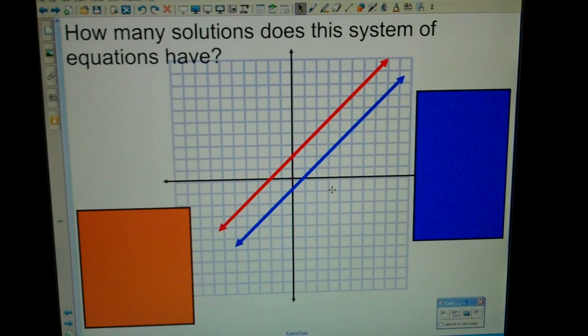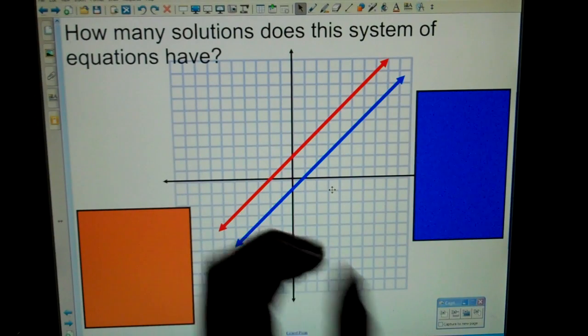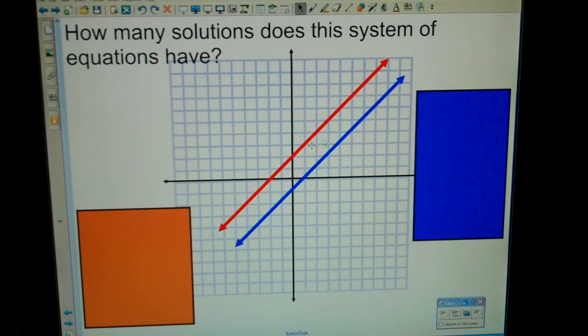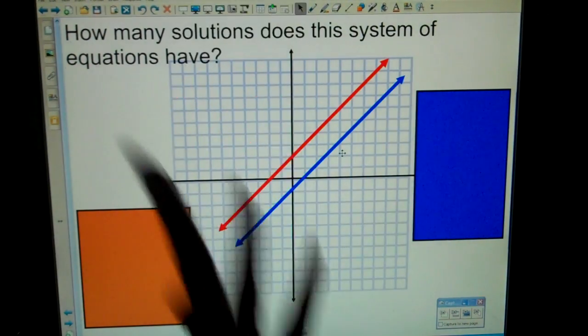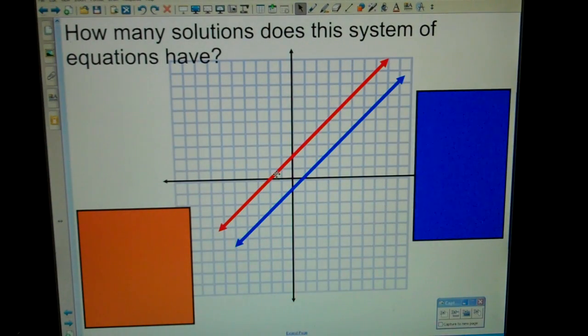I hope you're scratching your head and saying, those are parallel. They're never going to touch by definition of parallel. Therefore, they will have 0 solutions. There is no ordered pair where these two are going to hit, okay? Ever. That's the definition of parallel. It's two lines that go on forever that never touch. They're not going to have a solution.